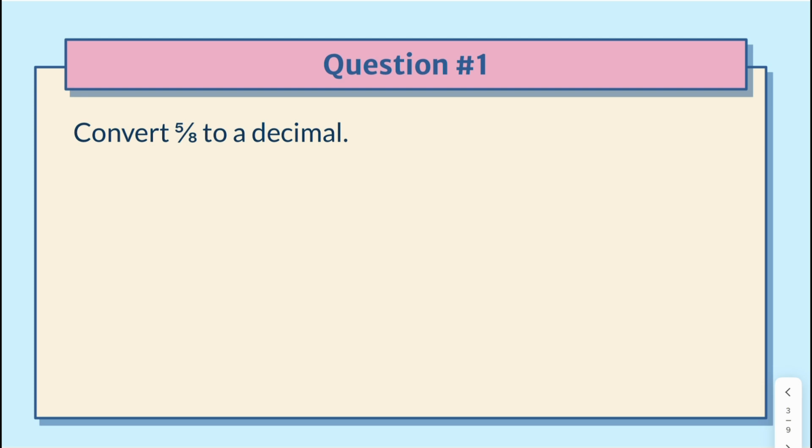If you watched the last video about dividing decimals, you learned that we can divide decimals by just using long division. Now, a way to write 5/8 is actually 5 divided by 8. So using what we learned from last video, we could use long division to do this.